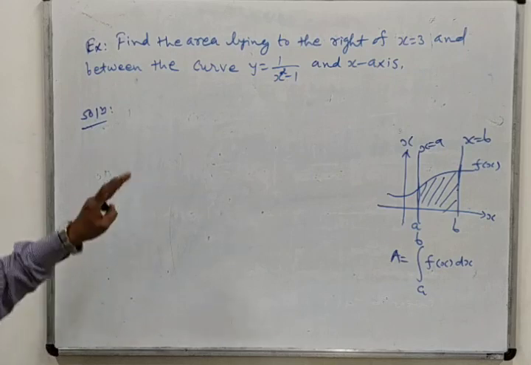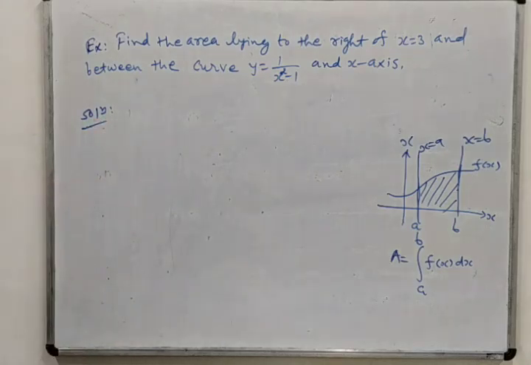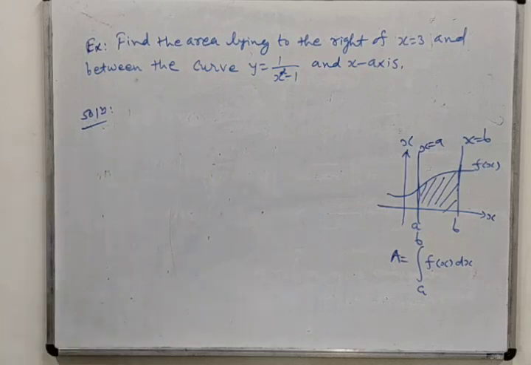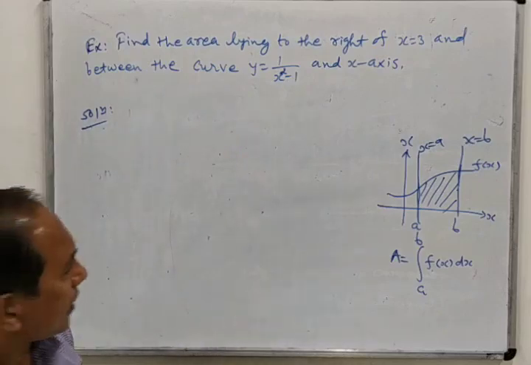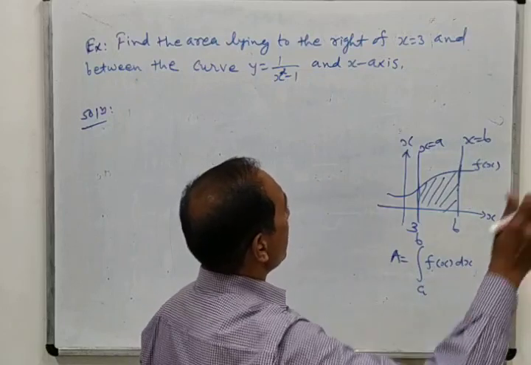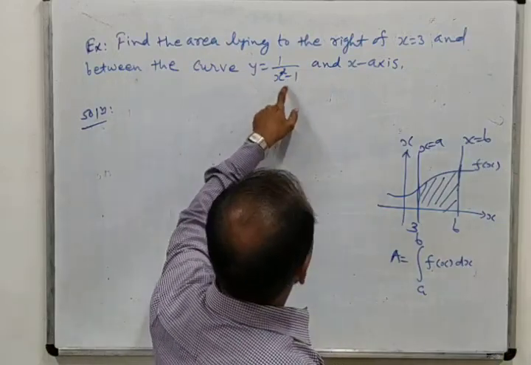So here in this solution we can use the same kind of situation. Find the area lying to the right of x equal to 3. Here there is no need to draw the graph. You can understand directly, because to the right of x equal to 3, that means on this side, we want to find the area under the curve.